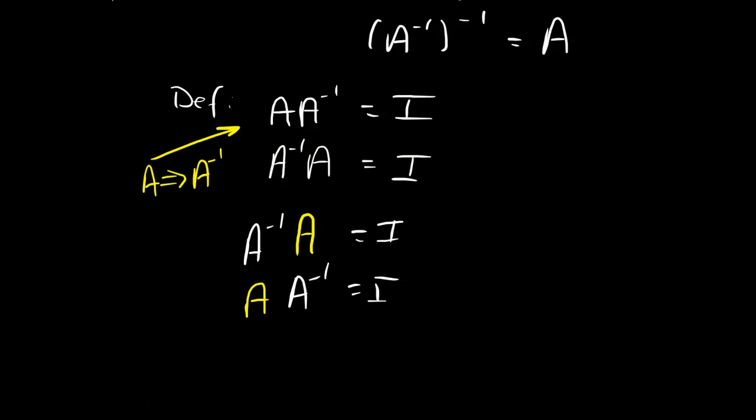Because of the symmetry of this invertibility, we can also say, therefore, this new matrix here also has an inverse, which was A in the first place. So that's a proof of the existence: if A is invertible, so is A inverse.